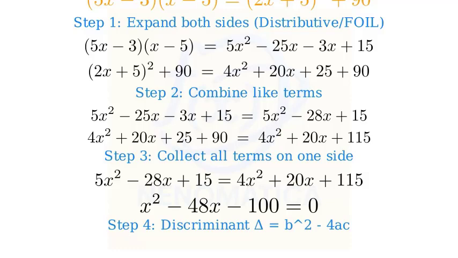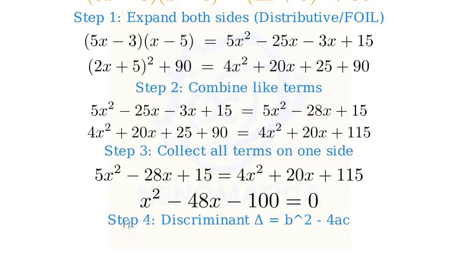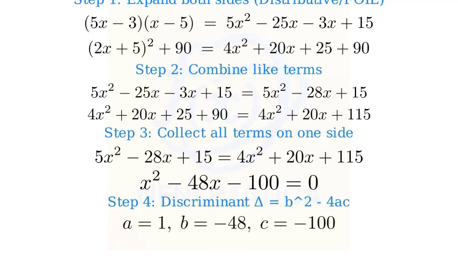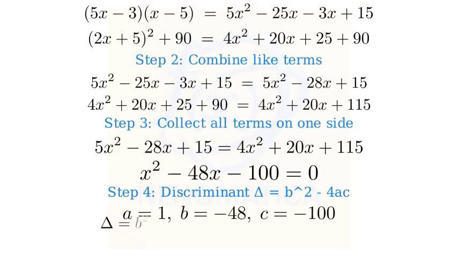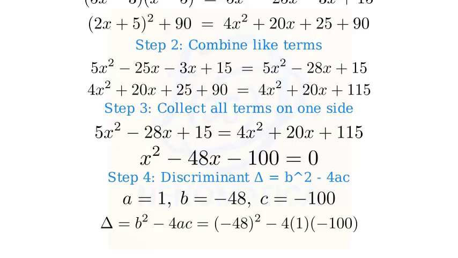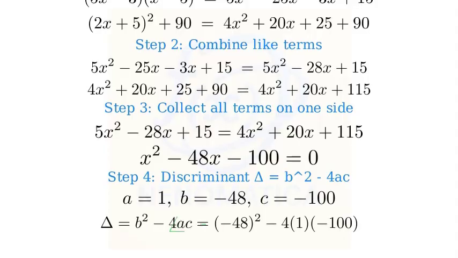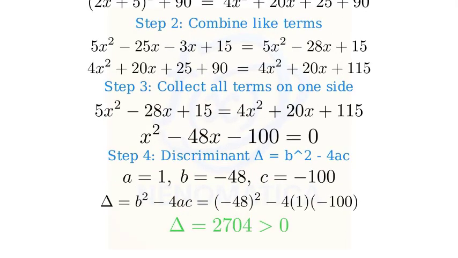Identify coefficients and compute the discriminant. Here a equals 1, b equals negative 48, and c equals negative 100. The discriminant delta equals b squared minus 4ac, which is negative 48 squared minus 4 times 1 times negative 100. That equals 2,304 plus 400, which is 2,704, greater than 0.